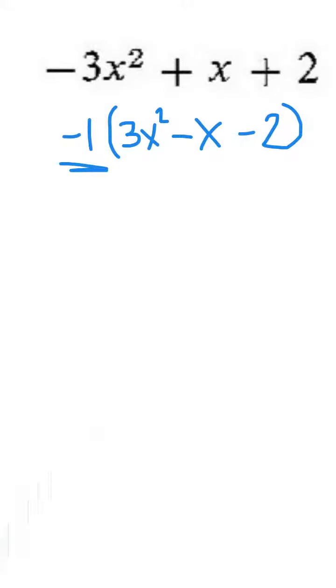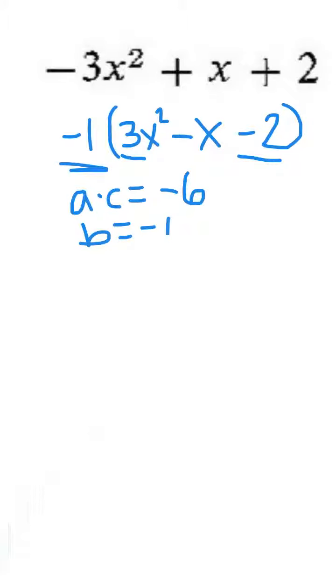and now I'll just ignore this negative 1 till the end. Okay, so my A is 3, my C is negative 2, so AC is equal to negative 6, and B is equal to negative 1.